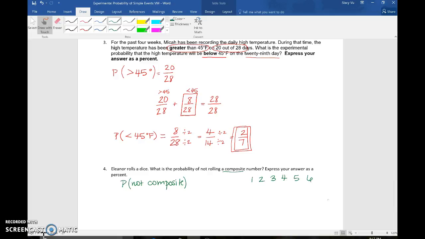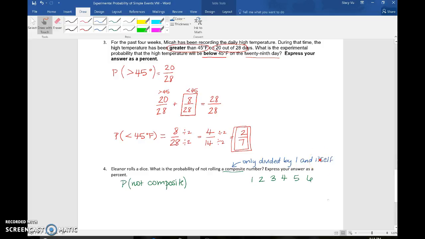I went ahead and wrote out 1 through 6 because when we do a dice, we always want to write out 1 through 6. So I'm focused on not a composite, but let's think about what a composite number is. A composite number is a number that is only divisible by 1 and itself. So it can only be divided by 1 and itself.